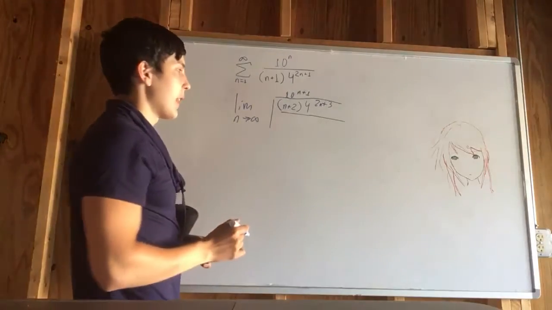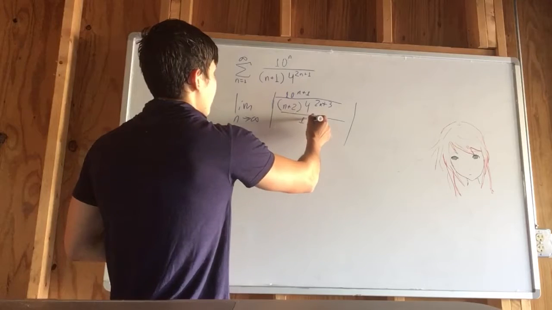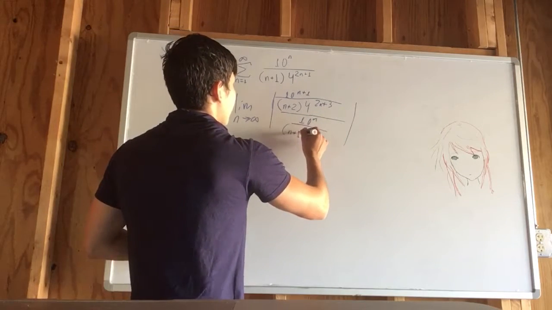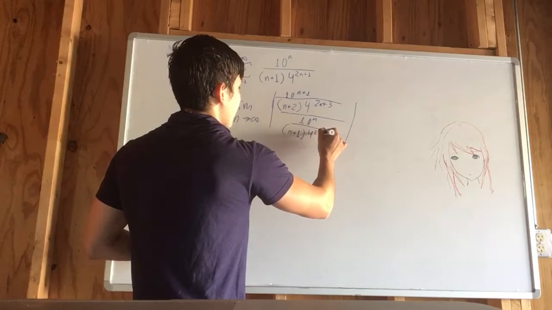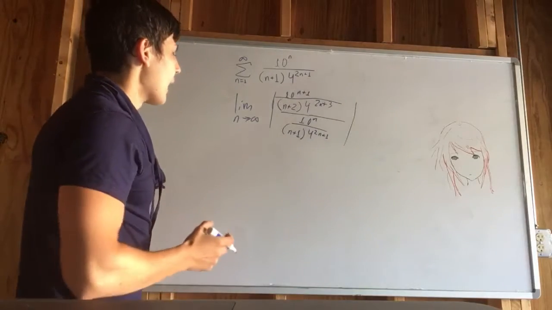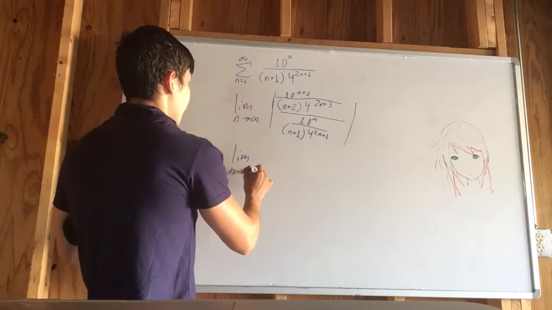And we're dividing all of this by the normal version of this: 10 to the power of n over n plus 1 times 4 to the power of 2n plus 1. Now we can cross multiply. Limit as n approaches infinity.